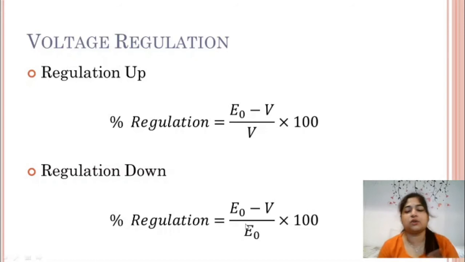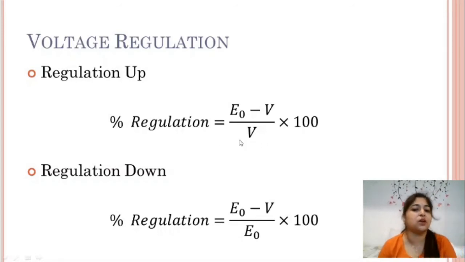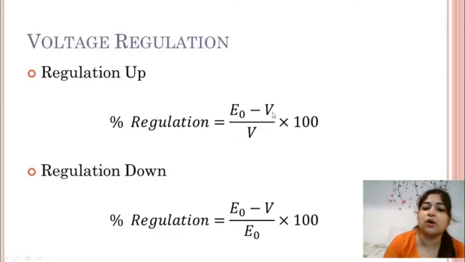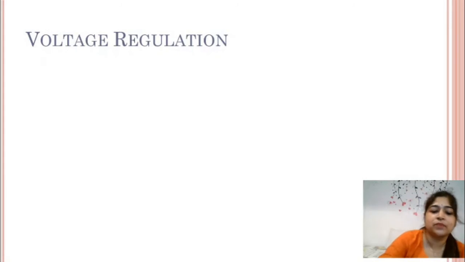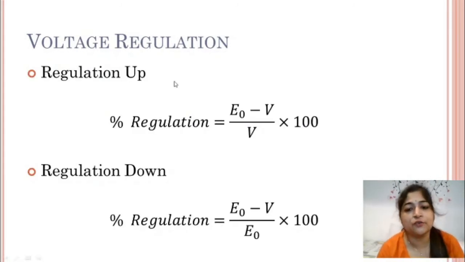be always greater because as far as resistive and inductive load is concerned, the no load induced EMF will always be higher than the full load terminal voltage, because the full load terminal voltage will be decreased because of drops. So whenever you have a smaller value in the denominator, you will have a higher value as the answer.